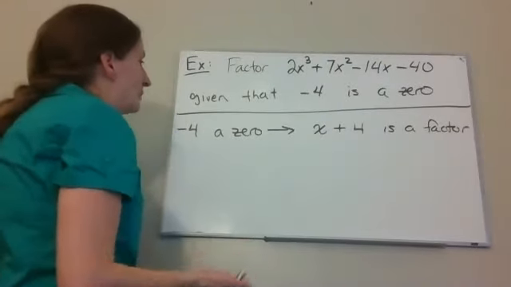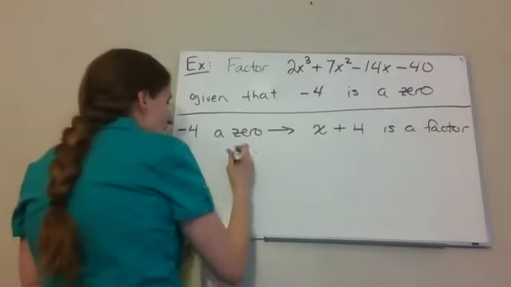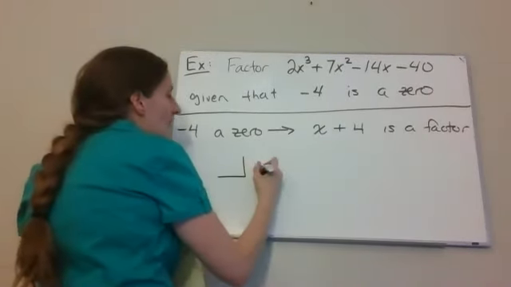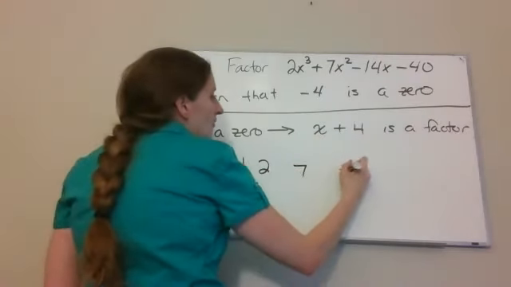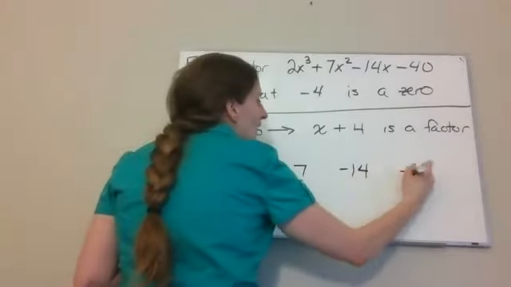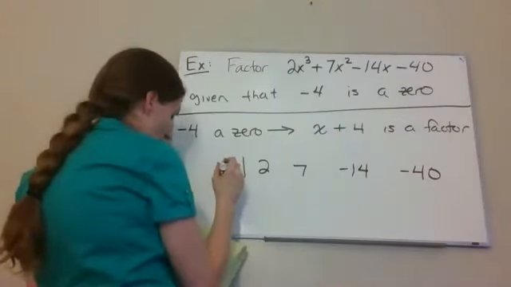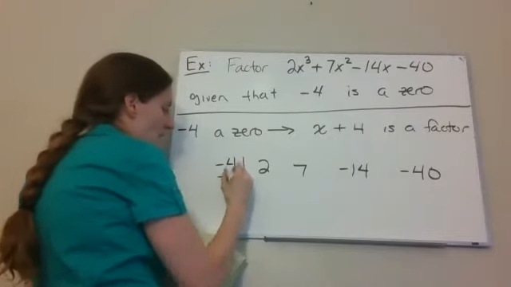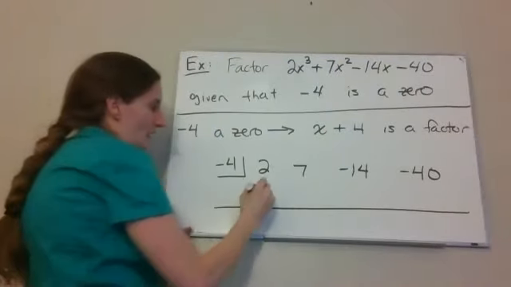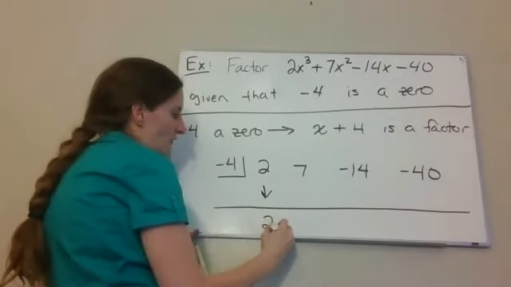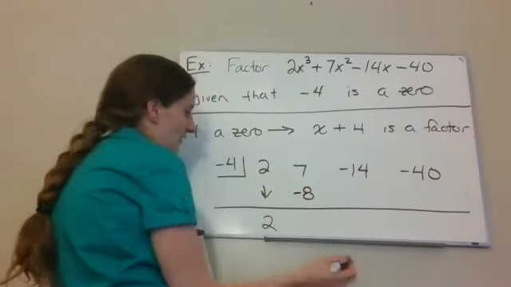Well, I would probably use synthetic division on this one so far. So let's divide my 2x to the third plus 7x squared minus 14x minus 40 by x plus 4. Using synthetic division, my 2 comes down. 2 times negative 4 is negative 8.